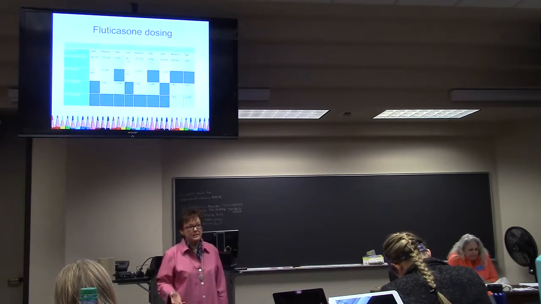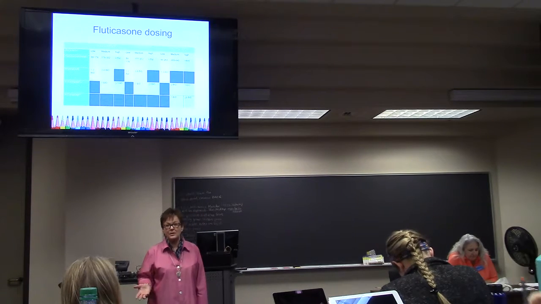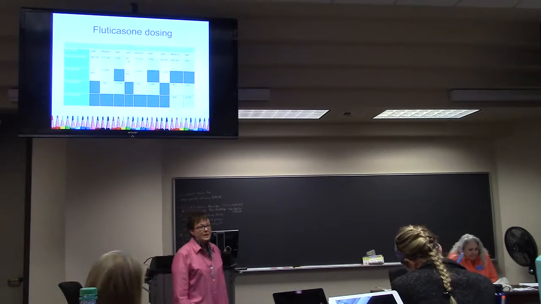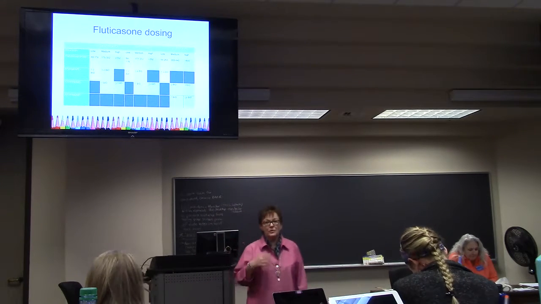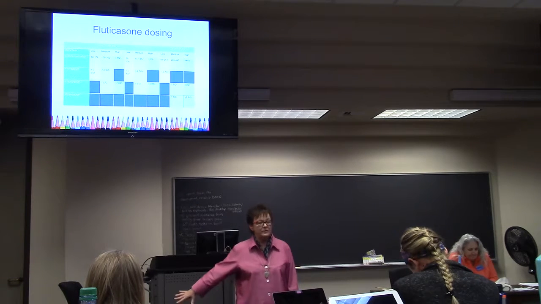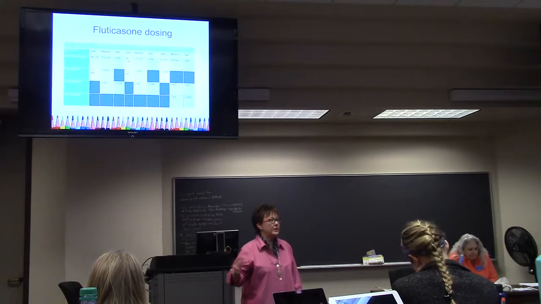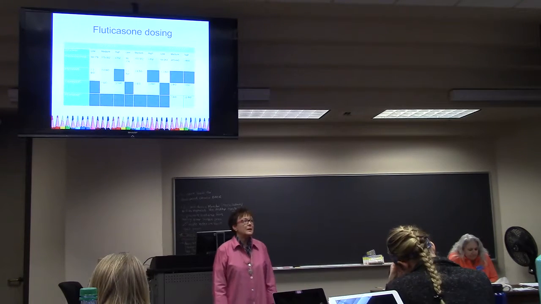Beclomethasone is probably the least expensive, but you also have to dose it at least 4 inhalations per dose. And it's the least potent. So I like fluticasone. It is also approved all the way down to the lowest age. So it has approval across all age ranges, so I like it for that reason.